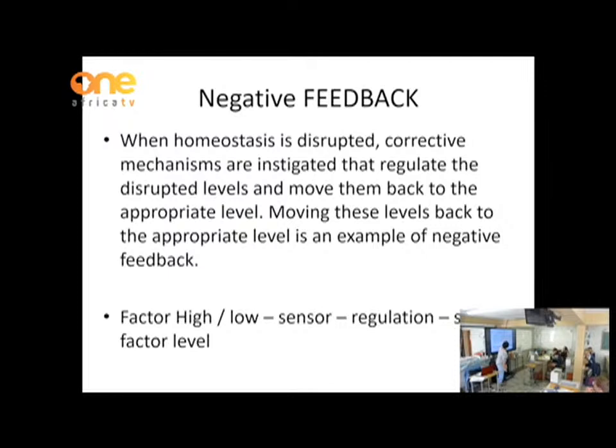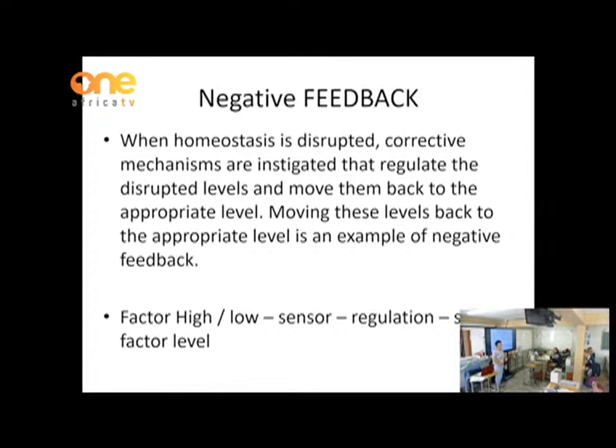And it will move back to the appropriate level. That is done by a sensor, a hormone, a sensor, a hormone, until it reaches the homeostatic levels.